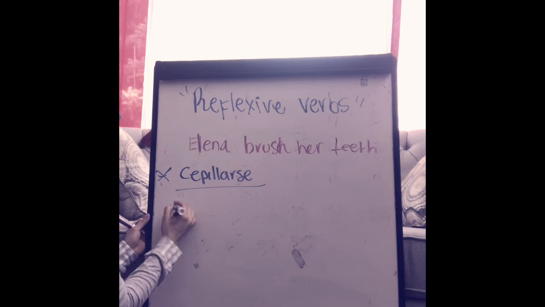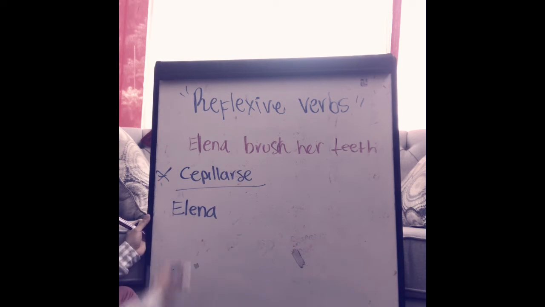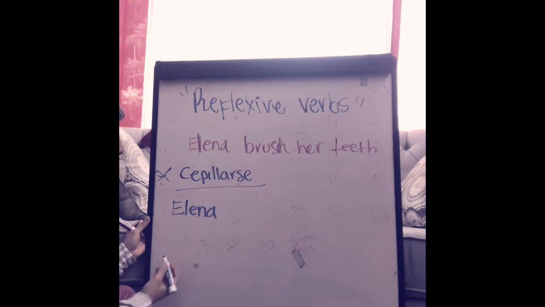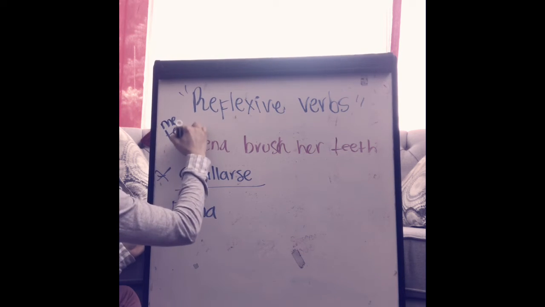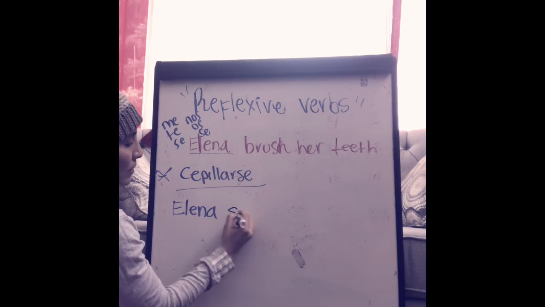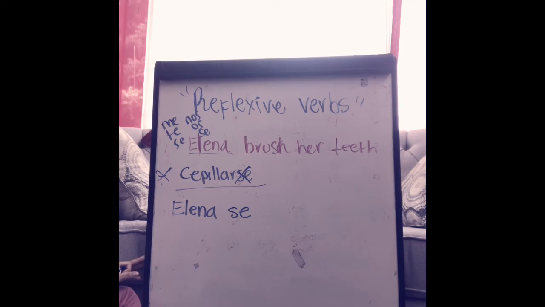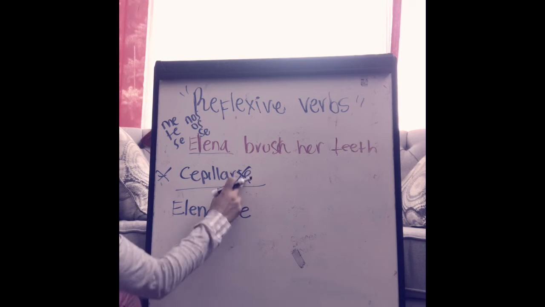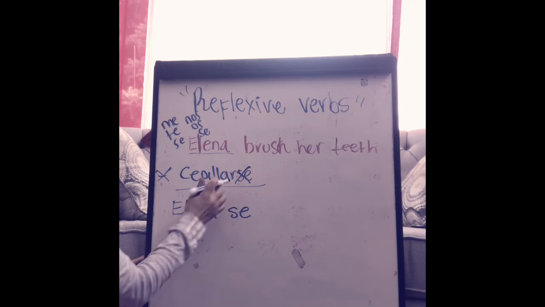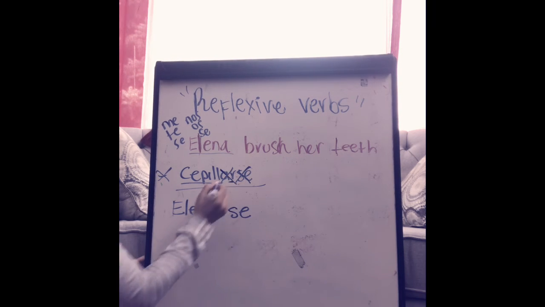So Elena is my subject. Now I need to conjugate cepillarse in the form for she. My reflexive pronouns are me, te, se, nos, os, se. So Elena belongs in this section, so I am going to say se. It happens to be spelled the same as the se I dropped, but actually it means something different, so don't get confused. So cepillar, drop the AR.